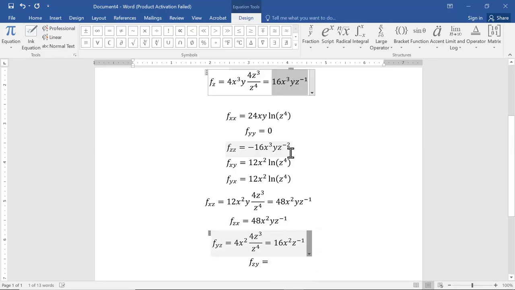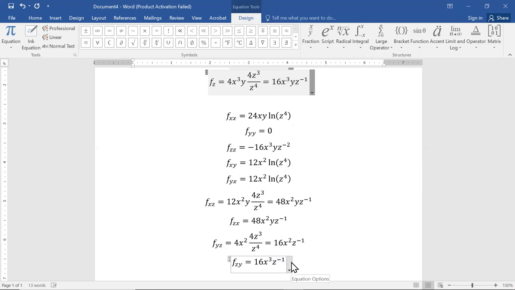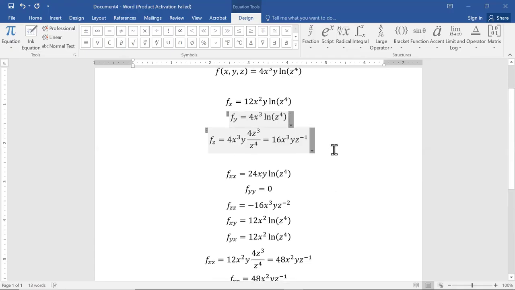That's going to be 16x to the third z to the negative 1. Now you'll notice that I didn't get the same thing here. On one of these, I got x squared, and on one of these, I got x to the third. So I know something went wrong.